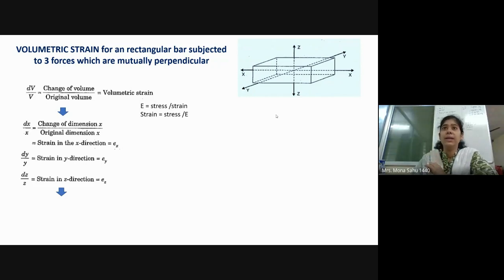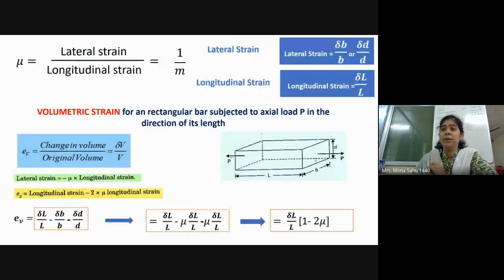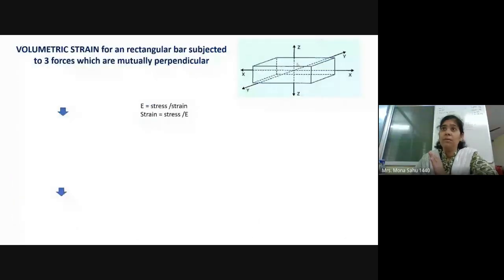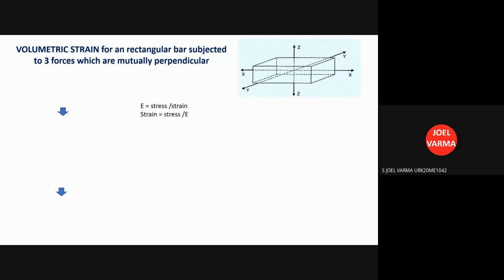I told you when there is a load P, L is increasing. But because of the load in y direction, what will happen to L? L will decrease. Guys, are you getting my point? I just hope we were in class, but are you able to understand? If there is force in y direction, what will happen to the length L? Decrease, ma'am.